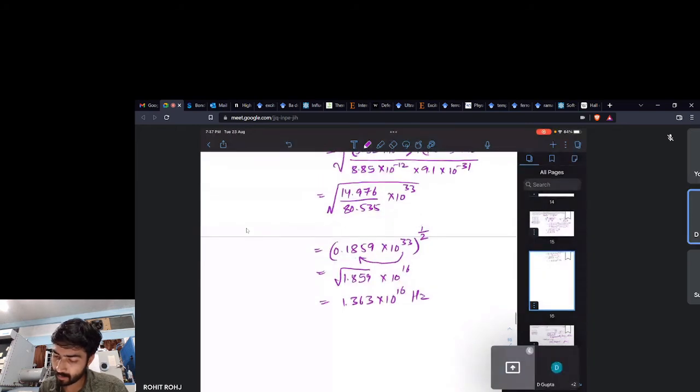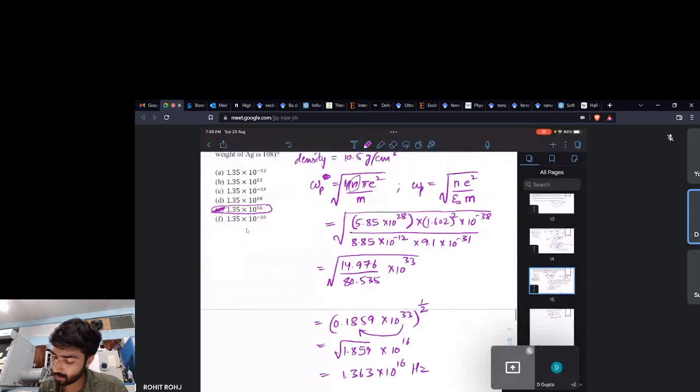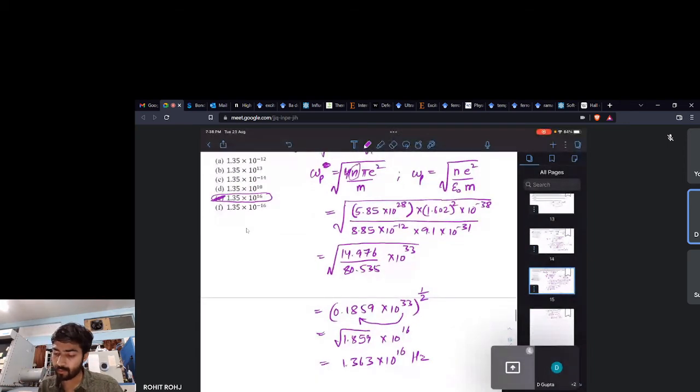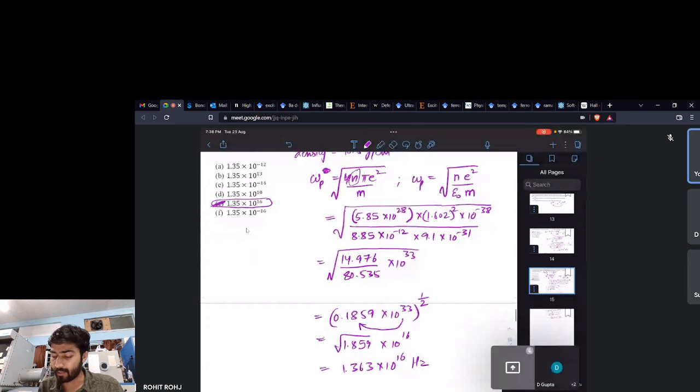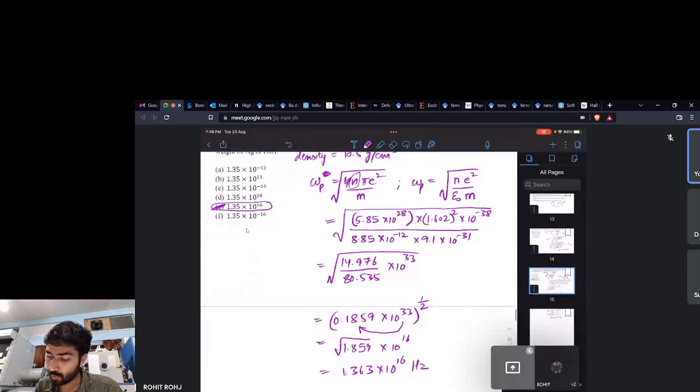So you have to divide by 2 pi, because omega is coming in radian per second. Okay, I understand.